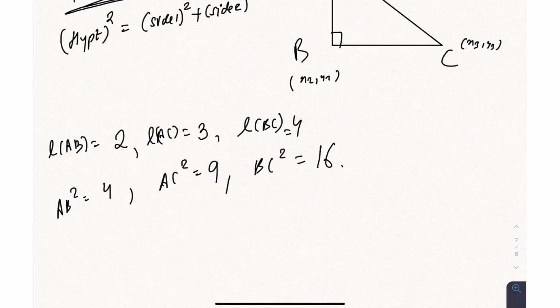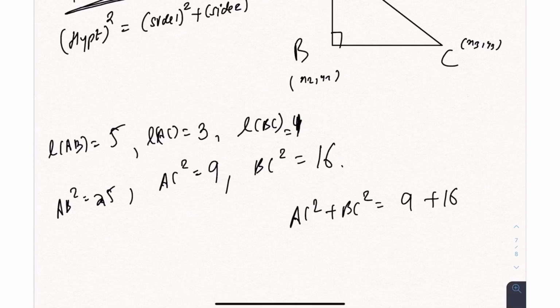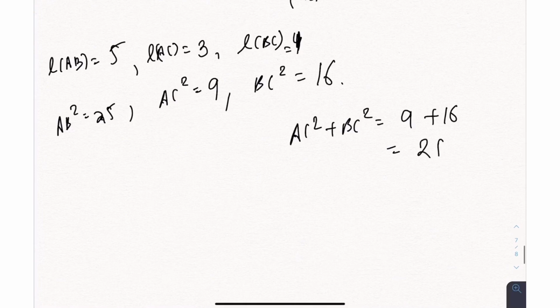Now suppose instead of AB as 2, we take it as 5, because 2, 3 and 4 are not a Pythagorean triplet. So suppose the length of AB is 5, so AB square will be 25. When we add AC square plus BC square, we get 9 plus 16, which is equal to 25.